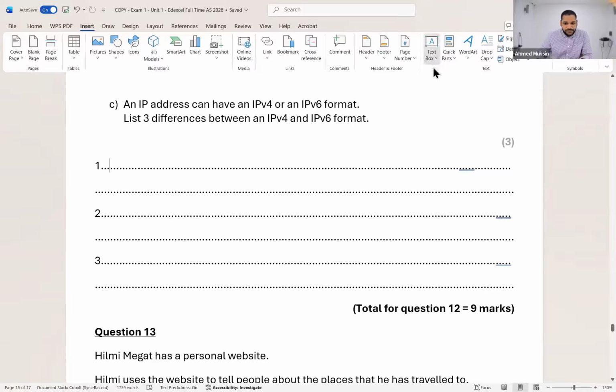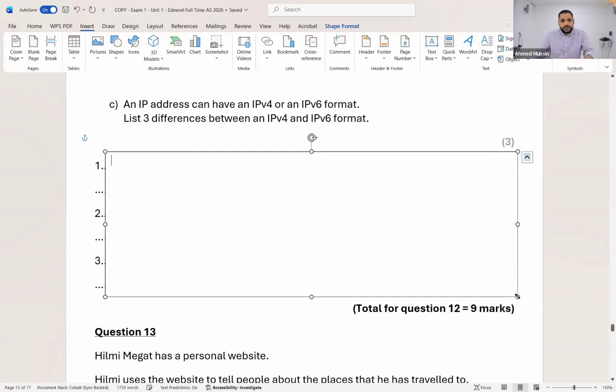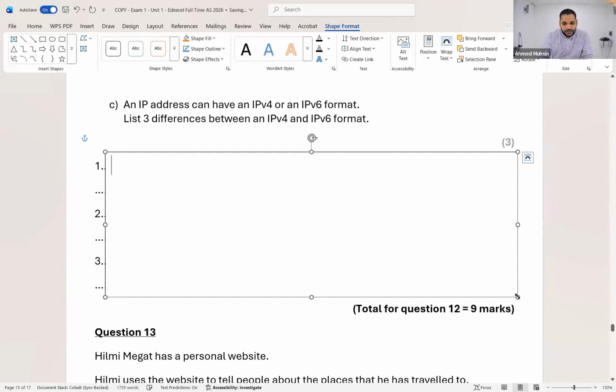Anyone like to give a start here? Very good. That's a good start. IP version 6 uses 128 bits, while IP version 4 uses 32 bits. Something else you can talk about?